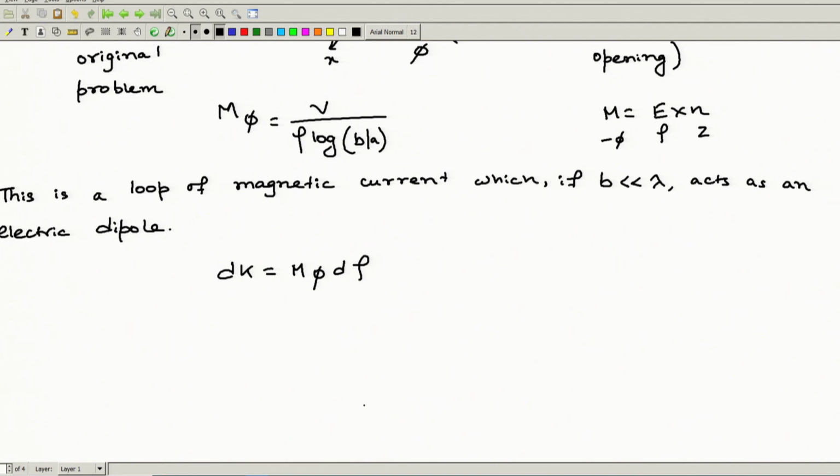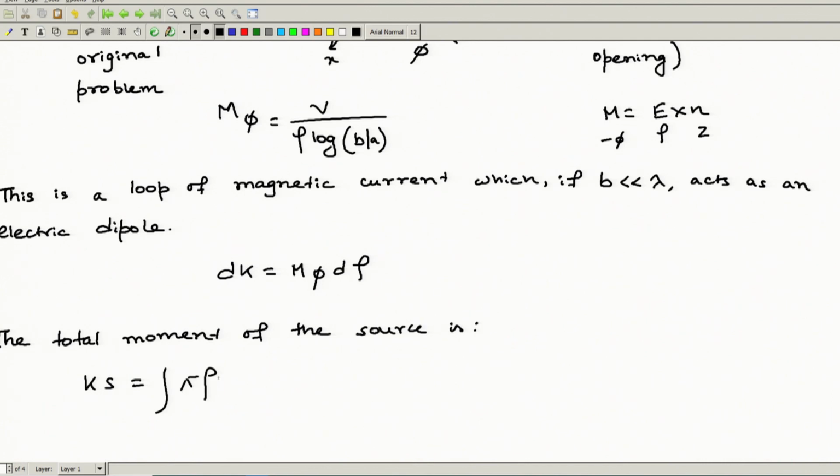Then the total moment of the source, we can write Ks as the integration of pi rho square dK.